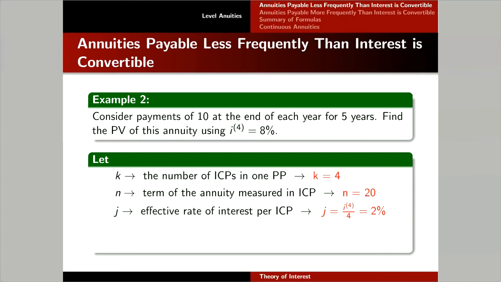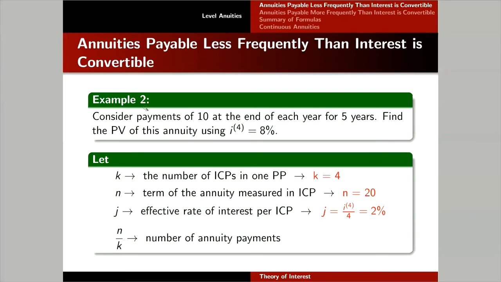And then finally, how do we count the number of payments? So sabi dito, n divided by k. What is n divided by k? 20 divided by 4. What do you get? 5. So 5 nga lang ba ang number of payments natin?